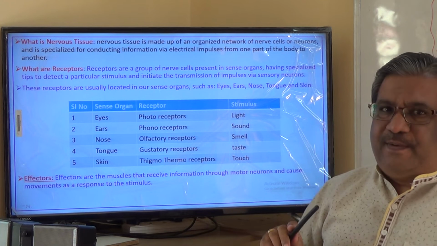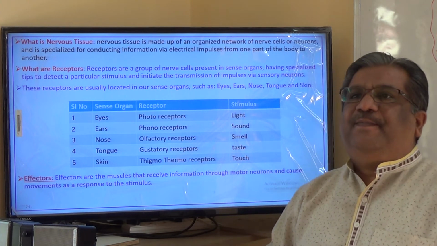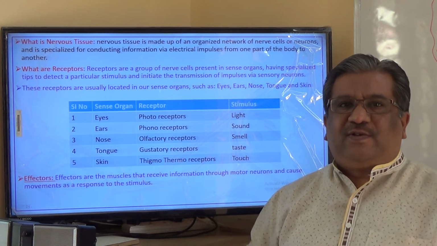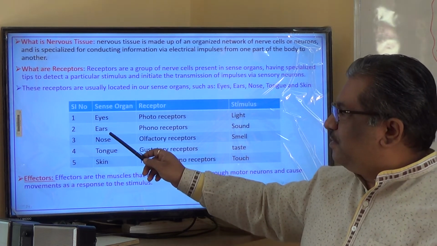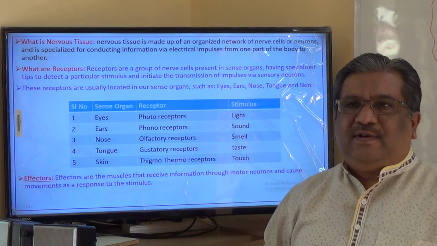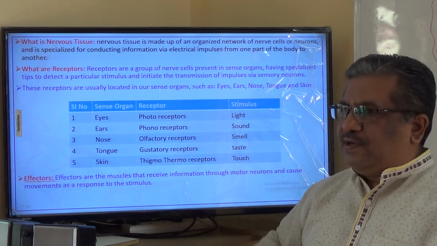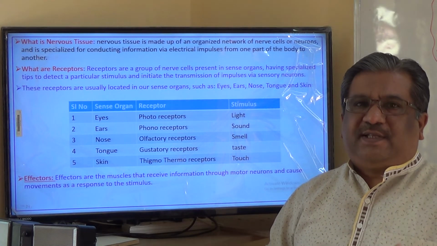A good definition. So these receptors are special nerve cells present in our sense organs. What are the sense organs? Eyes, ears, nose, tongue and skin. These are the 5 sense organs, the panchendriyas, as we call them. All these sense organs contain special nerve cells called receptors.